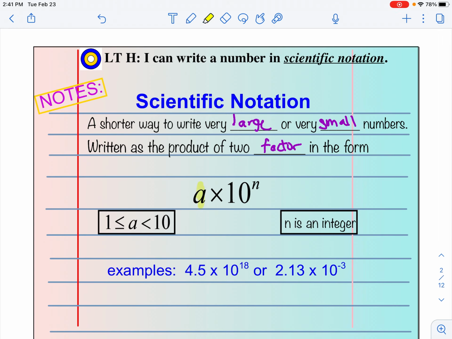Now, this first number a always has to be between 1 and 10. So it has to be greater than or equal to 1 but less than 10. So it has to be a single digit or a decimal type number that can be 1 point something all the way up to 9 point something, but not all the way as large as 10.